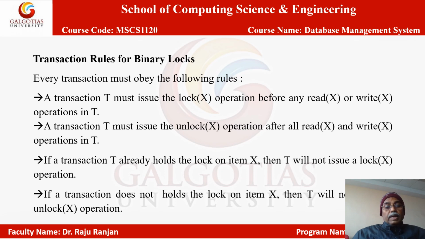If any data item is already unlocked, then no transaction needs to apply the unlock operation. That is very obvious. If any data item is already locked, that transaction need not issue lock X again, and if it is already unlocked, it need not issue unlock again.